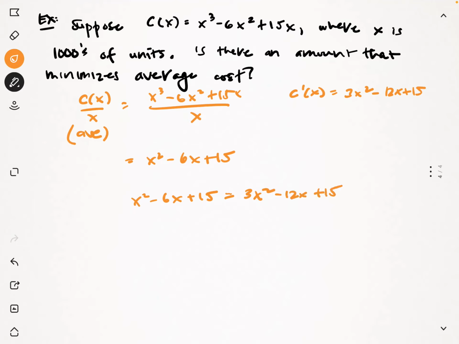We're going to subtract and move them all to one side, so this is going to be 0. On the right side, 3x squared minus x squared is 2x squared. Negative 12 minus 6 is negative 18x. And 15 minus 15 is 0.